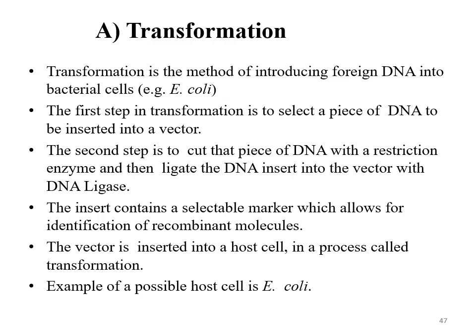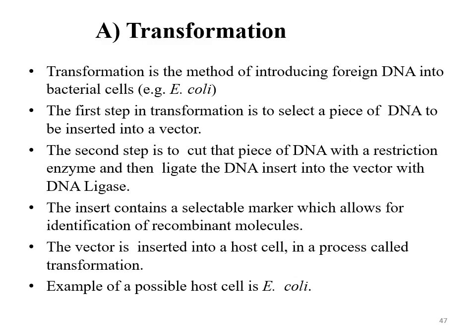So transformation is the method of introducing foreign DNA into the bacterial cell, for example, into E. coli. The first step in the transformation is to select a piece of DNA to be inserted into the vector. The second step is to cut that piece of DNA with the restriction enzyme and then ligate the DNA insert into the vector with the DNA ligase.